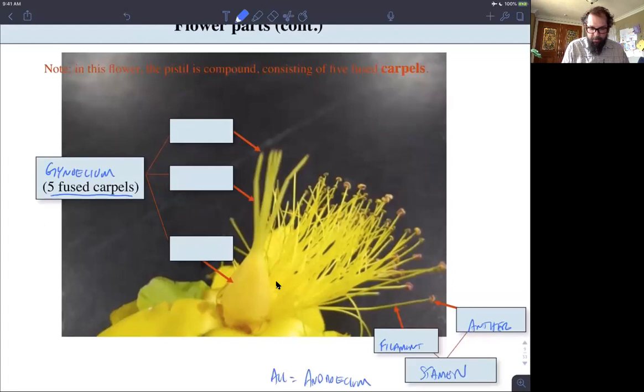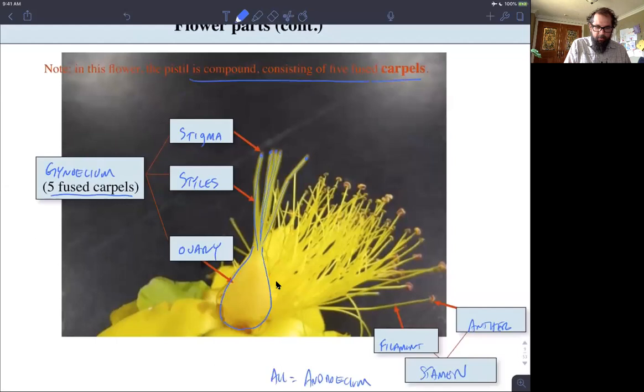And so what you can see here is that there are actually 5 separate styles, each with a stigma on the top of them, that all unite into this one ovary. In this case, we say that this is a compound pistil that consists of 5 fused carpels. So we have one ovary, but I have 5 styles, and I have 5 stigmas.